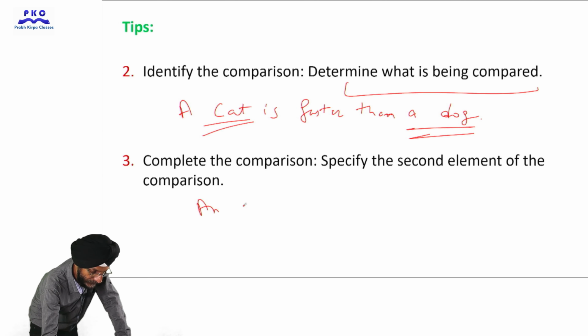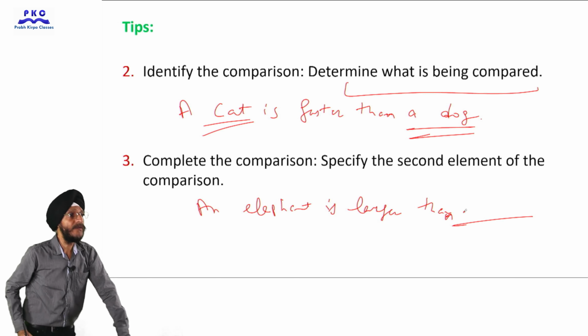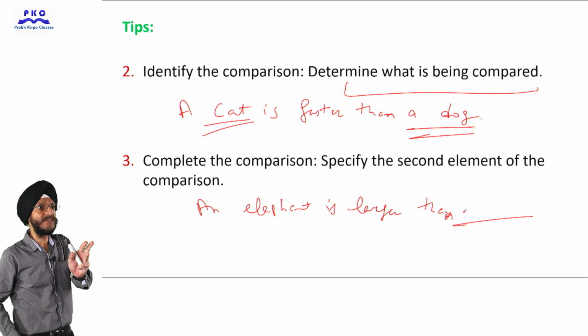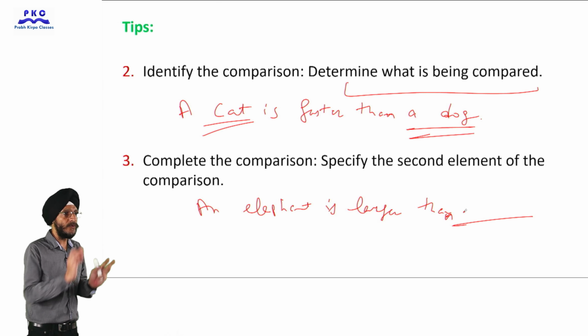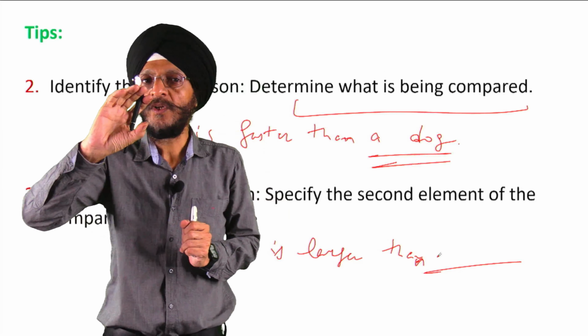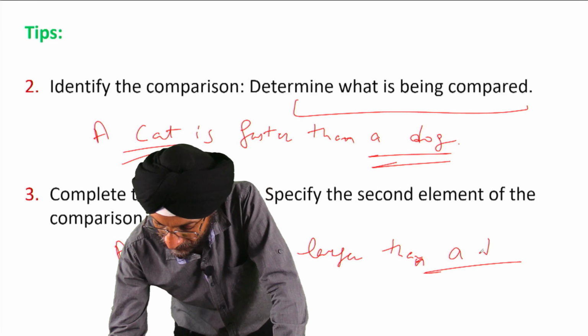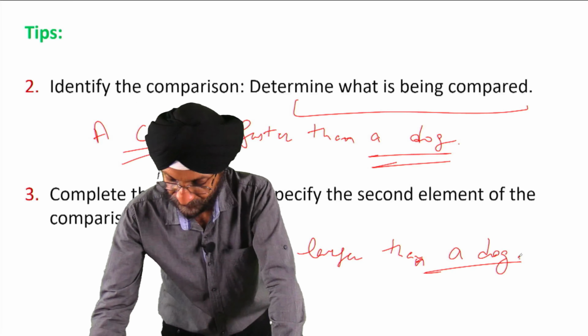We take the example, an elephant is larger than. Here we have to complete the comparison so that this sentence is complete and there is no case of incomplete comparison. An elephant is larger than a dog.